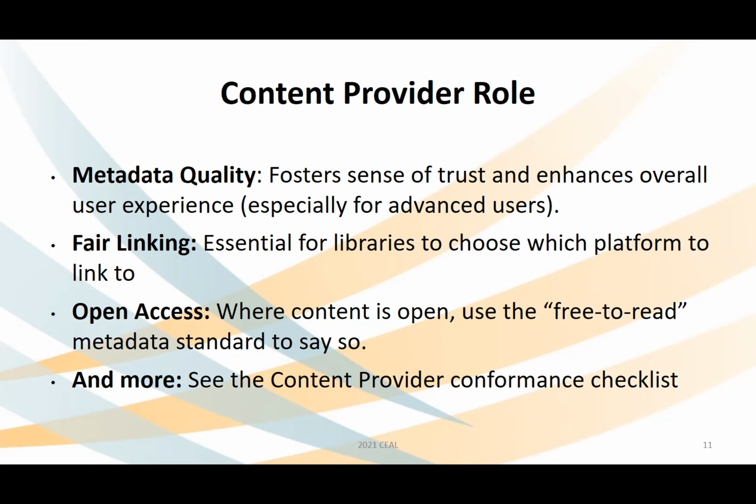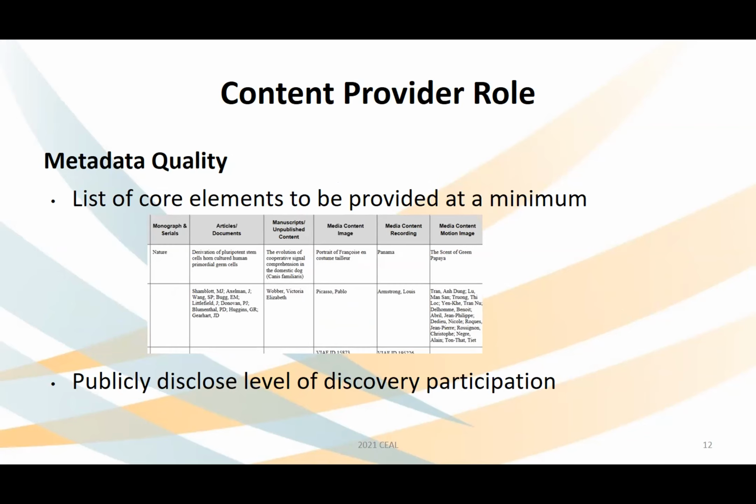For material to be discoverable in the enormous universe of discovery systems, at a minimum, the content provider needs to include the following items when applicable. And I'm just going to go through a brief list here.